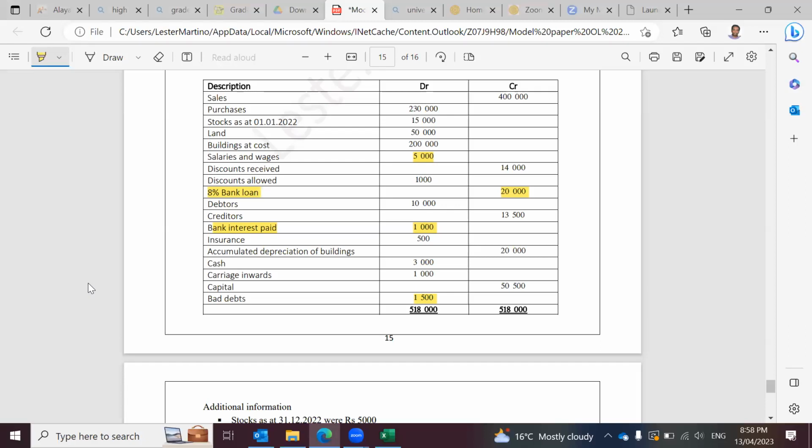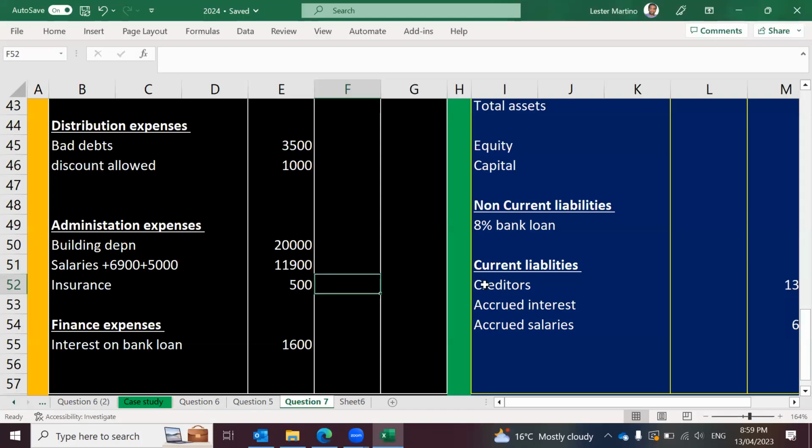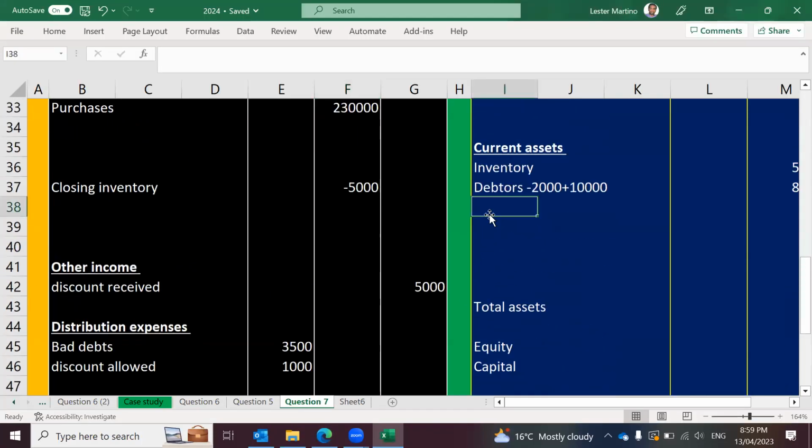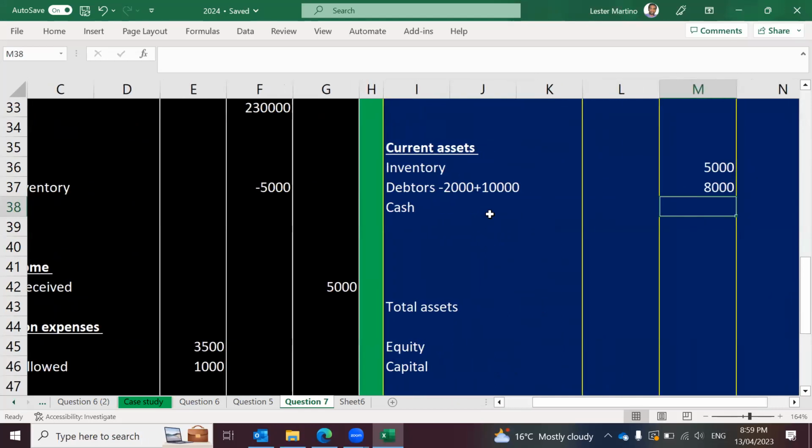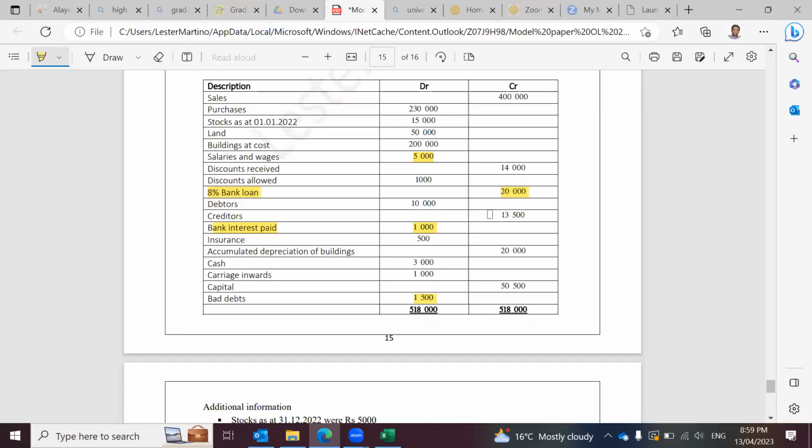Next, accumulated depreciation of buildings that we already taken. That is the opening accumulated depreciation. So opening 20 plus current year 20, the total is 40,000 as at the end. Cash 3,000, current assets. So go to current assets, down cash, 3,000.